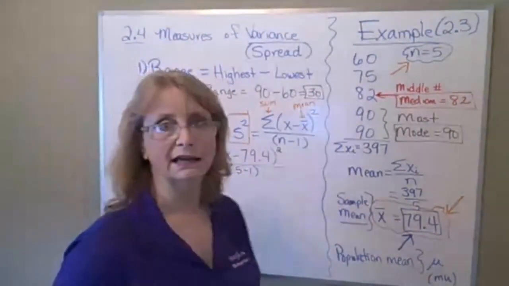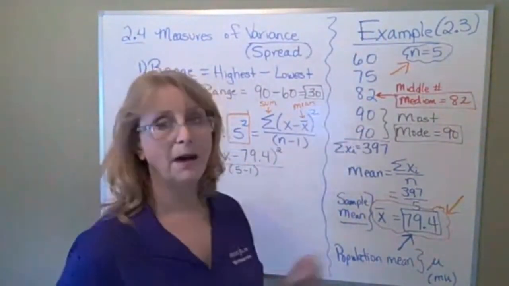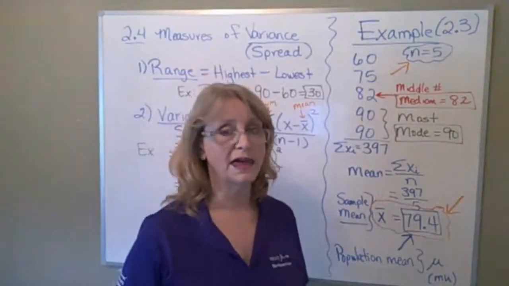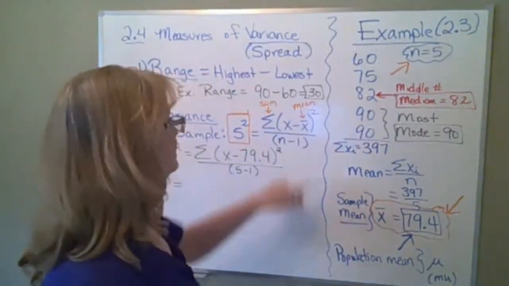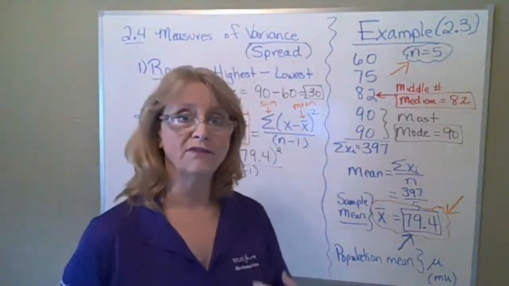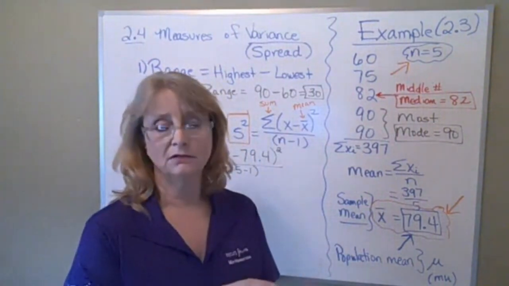Then we square it so that when it comes out negative, squaring gives us a positive number. It also gives us a bigger number, and we're going to deal with that after the break. Basically, the variance is sort of an average of the distances from the mean squared.